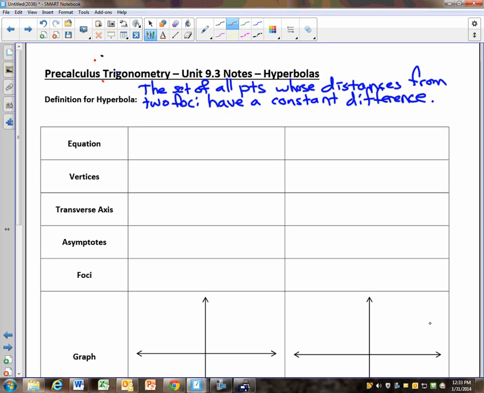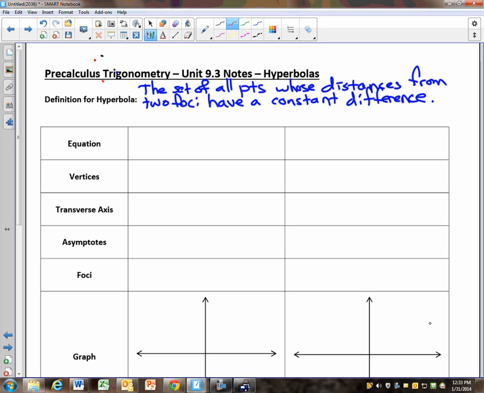How is that different? Instead of difference, what do we have for ellipses? We have sum. You remember we had that shoestring with a constant length, and that length was the sum of those two distances. Well, for hyperbolas, it's a constant difference.